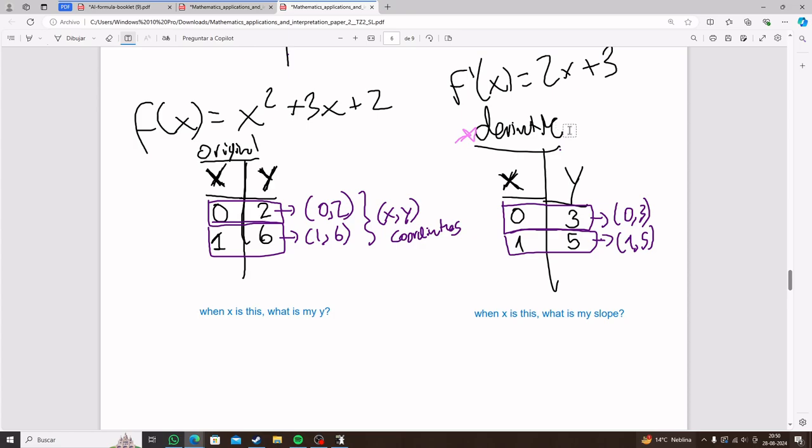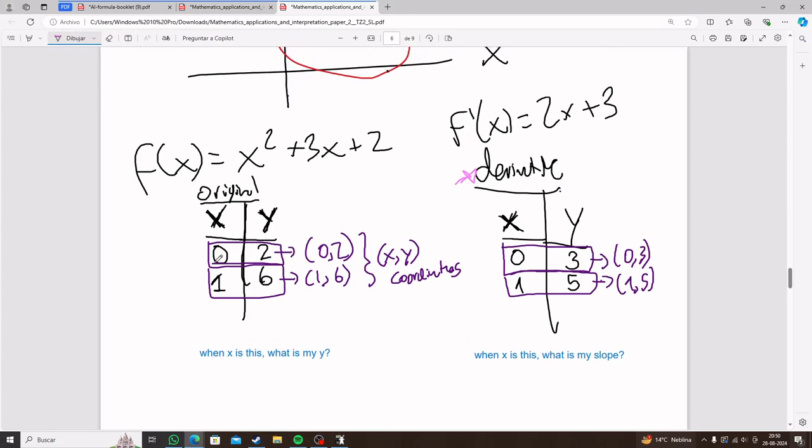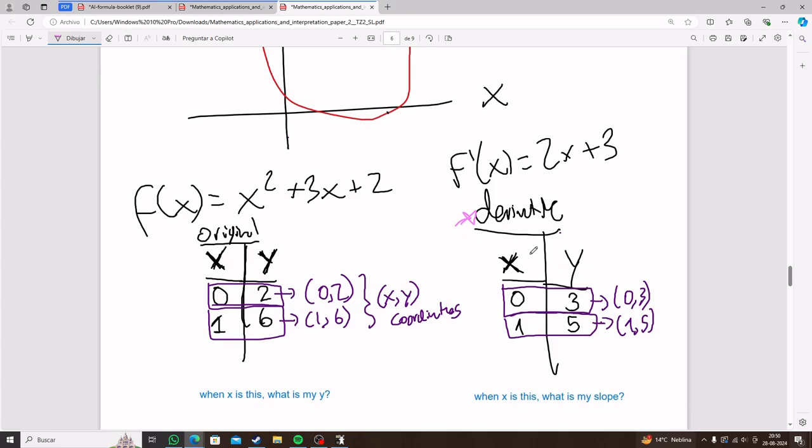When you do the derivative, it actually helps you find the slope. So in the original, when x is 0, y is 2. When x is 1, y is 6. In the derivative version, when x is 0, my slope is 3. When x is 1, my slope is 5. So, that makes a little bit more sense.